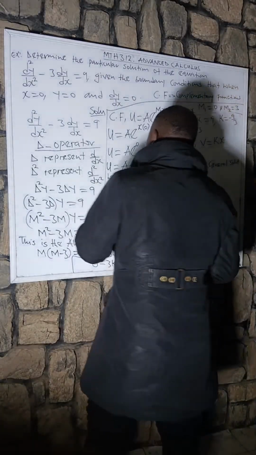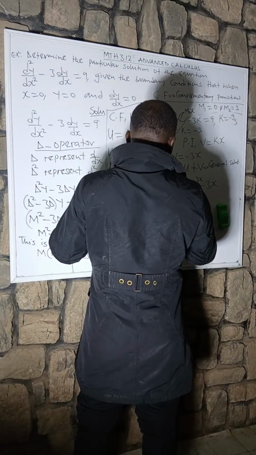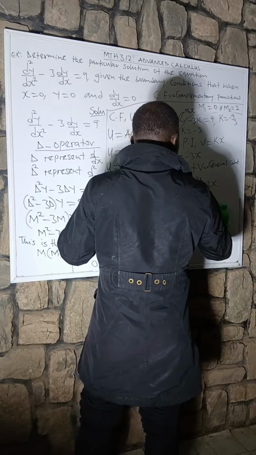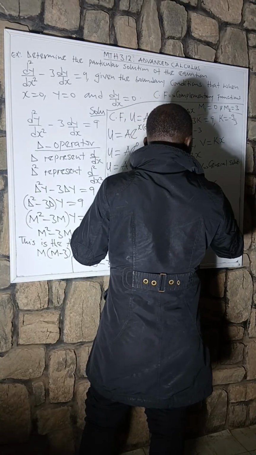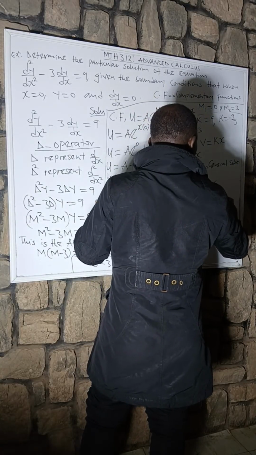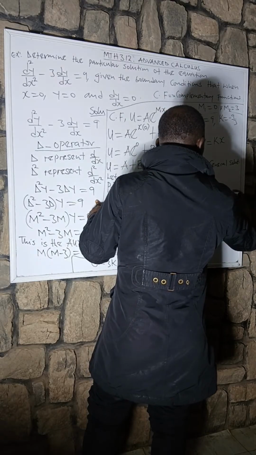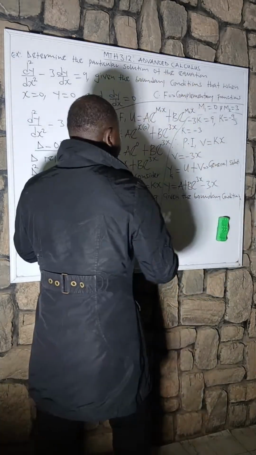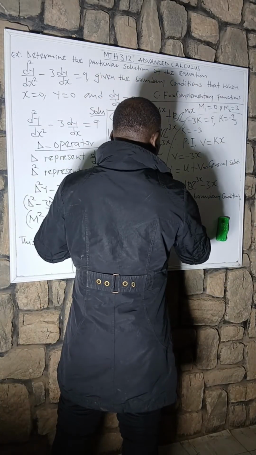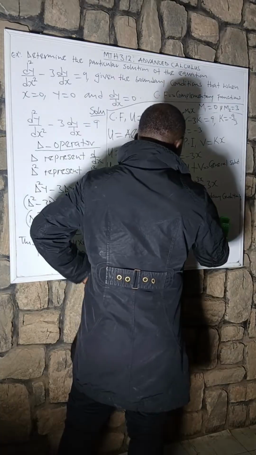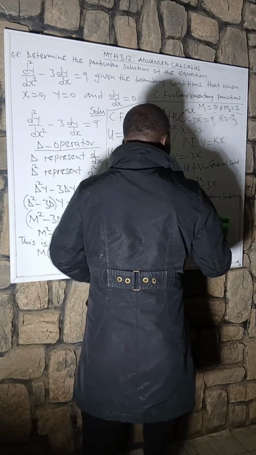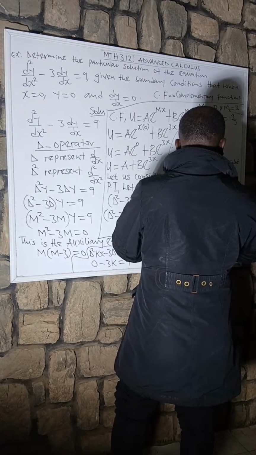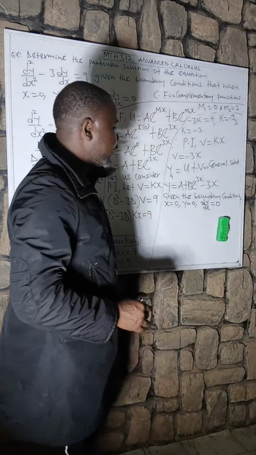We now write, given the boundary conditions, that x equals 0, y equals 0, and dy over dx equals 0, right?